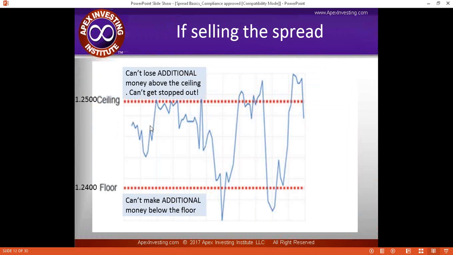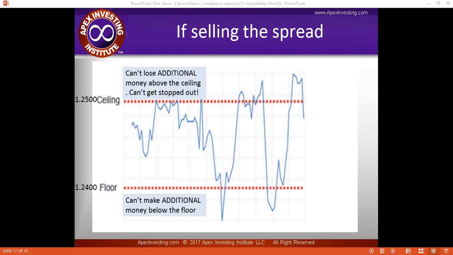What do I mean by that? If I want to sell, I'm saying the market's going down. Well, what if I'm wrong and the market shoots way up? We've all had that happen. We've all entered a trade and gone the wrong direction.